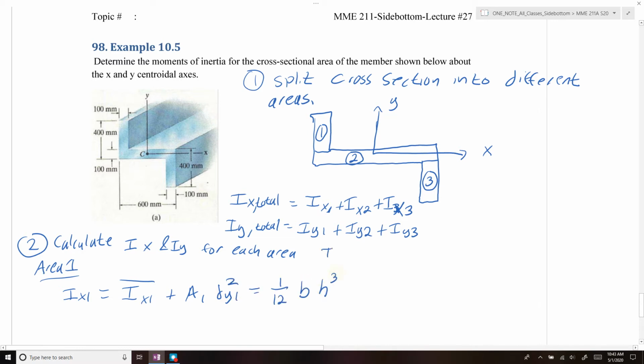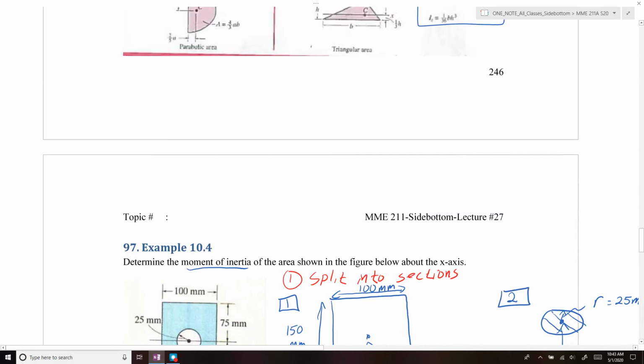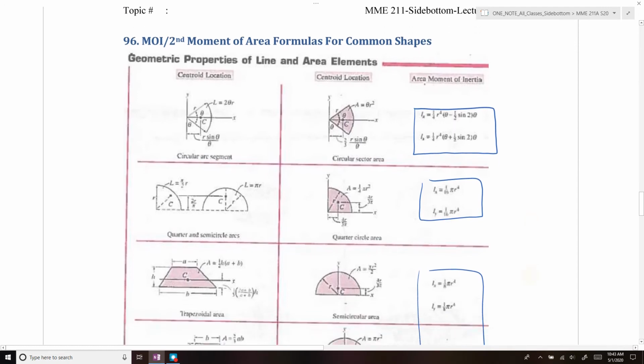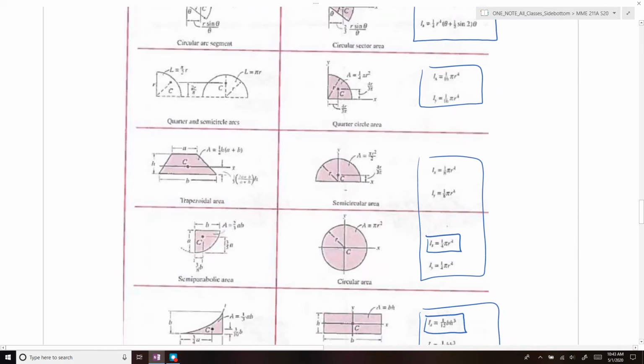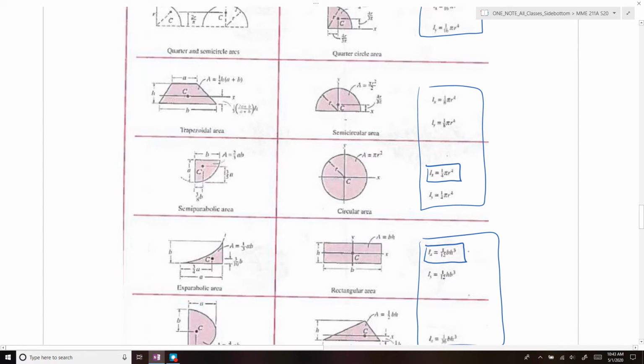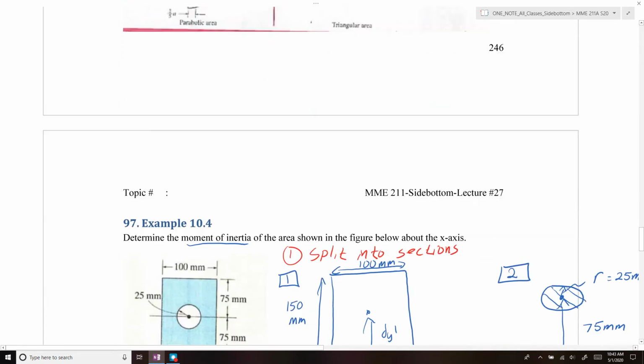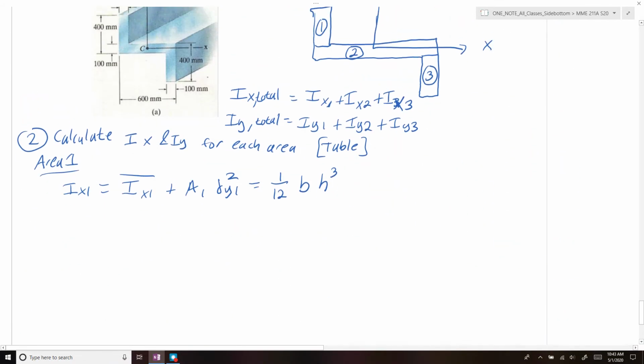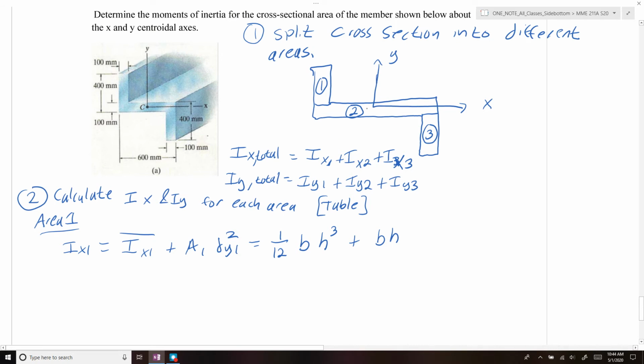You can look up this formula in the table in the packet that's a couple pages above here, so you can see in this table for a rectangle we have Ix equal to 1/12 the base times the height cubed. And then the area is just equal to the base times the height. And then the distance dy is just the distance from the x-axis to the centroid of our area.